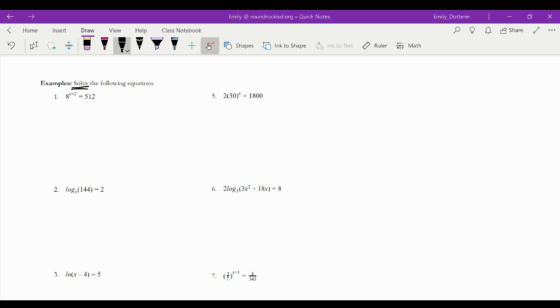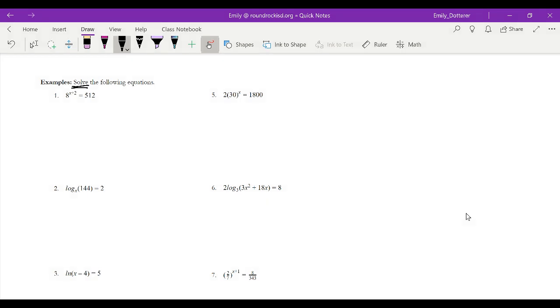Okay. So what we're going to do now is solve some logarithmic and exponential equations. So we're going to start by doing the exact same thing that we were before.